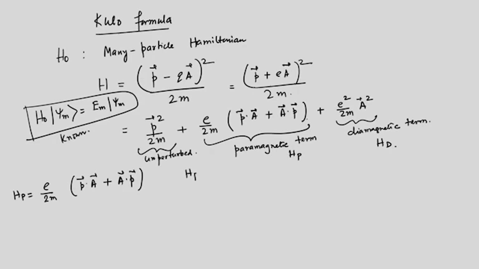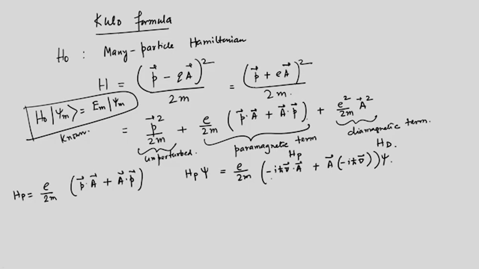I consider an arbitrary state psi, and then this will be like E over 2m. Now, your P dot A is minus i h cross del dotted with A, plus A into minus i h cross del, and this acts on psi.